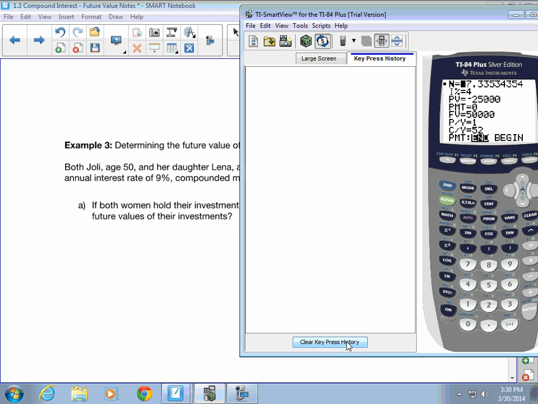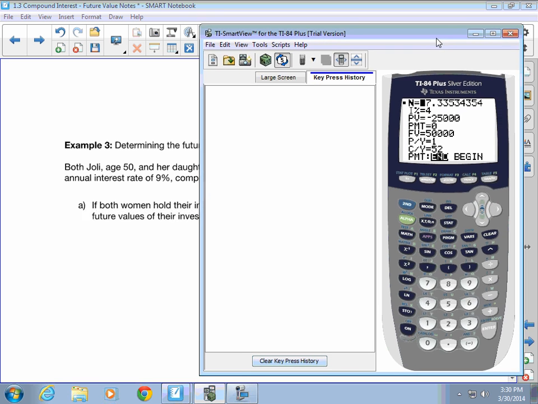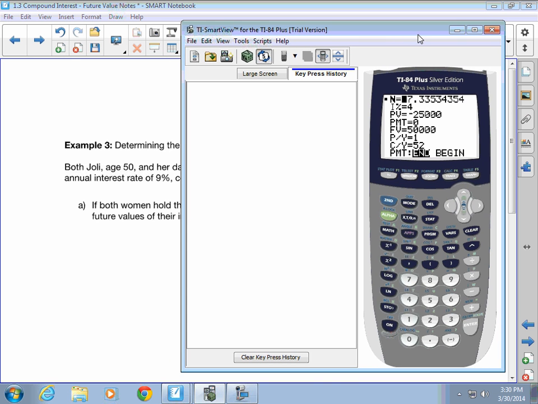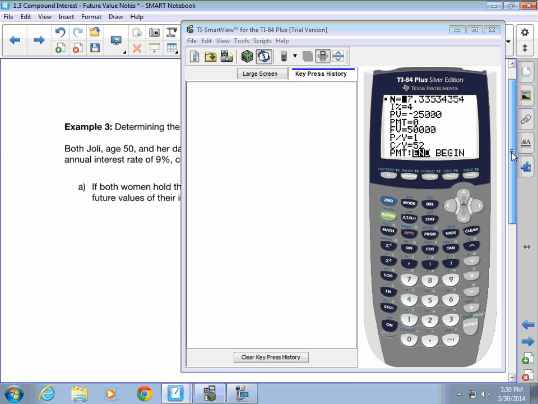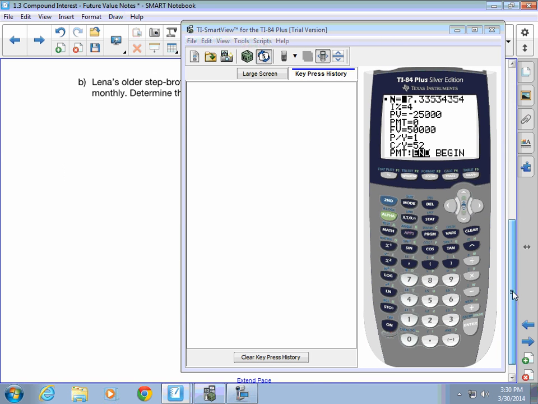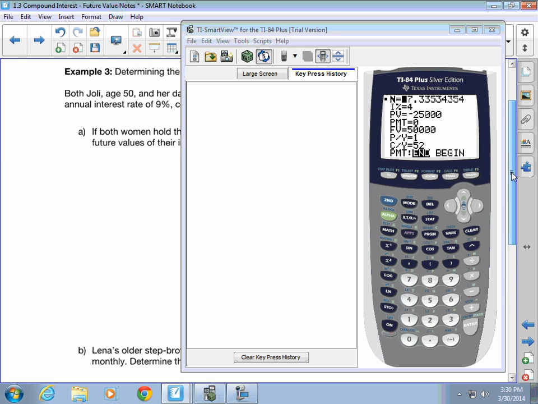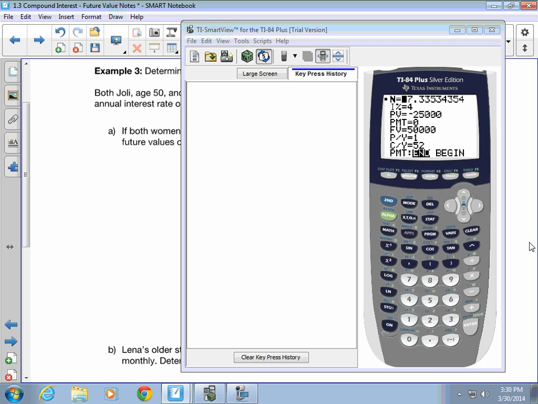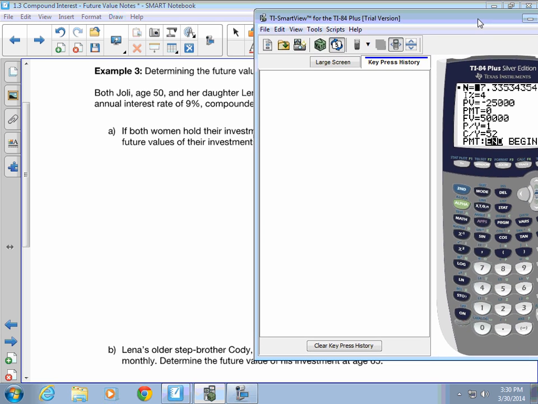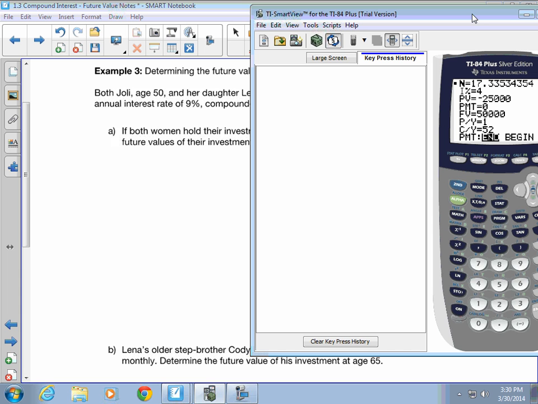Okay, so for this one, let's clear some of our history here. Oops, I went too far there. Okay, so it says, we're trying to find future value with monthly compounding.